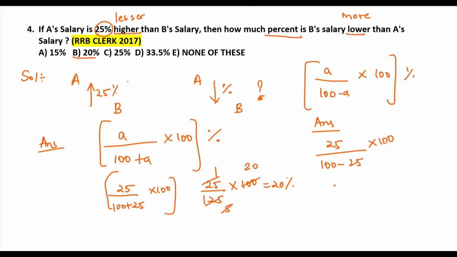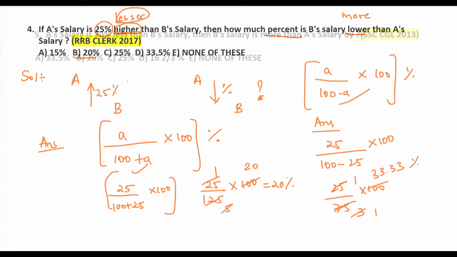That is 25 by 75 into 100. That is 25 ones are 25, 25 threes are 75, 3 ones are 3, 33.33%. So how to remember when to use which formula is, if they are asking us to do higher, then you do plus, and if they are asking us to do lesser, we do minus. So these kind of questions should be solved by using these formulas.